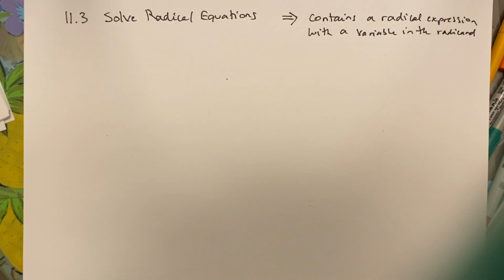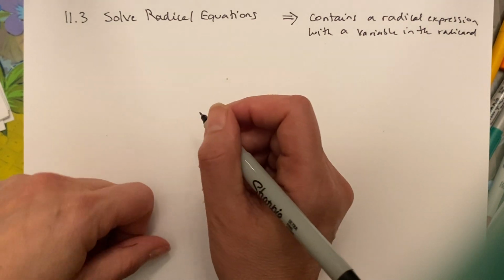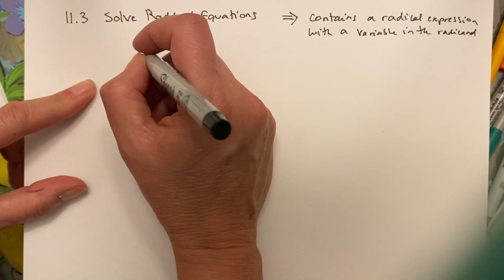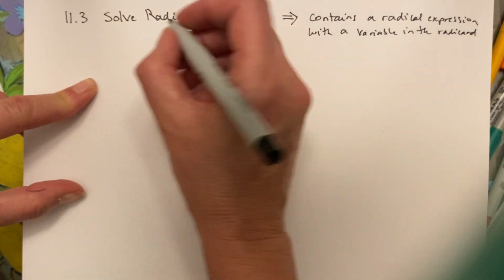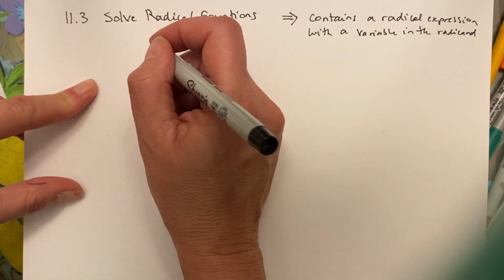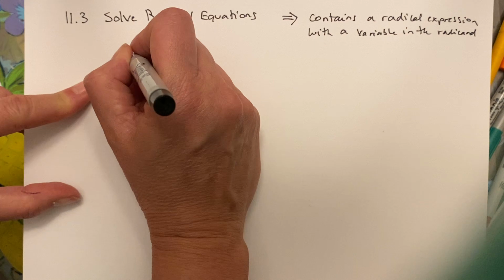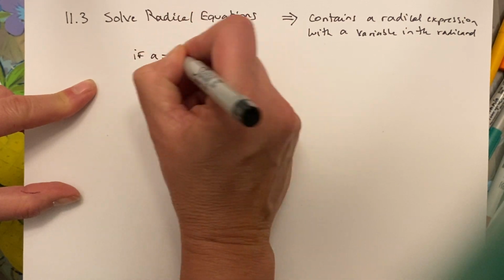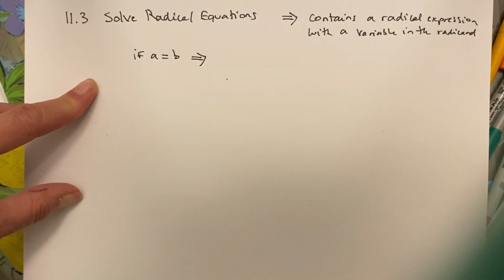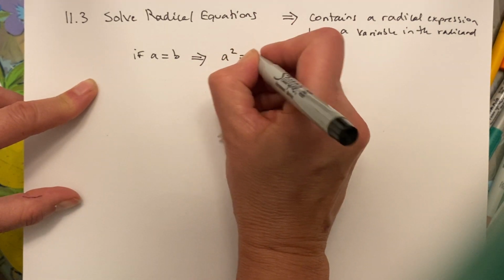So just as with all other equations to solve for x, you're going to want to get x to one side. But there's a particular way to solve radical equations. For example, if I have a equals b, I know that a squared equals b squared.